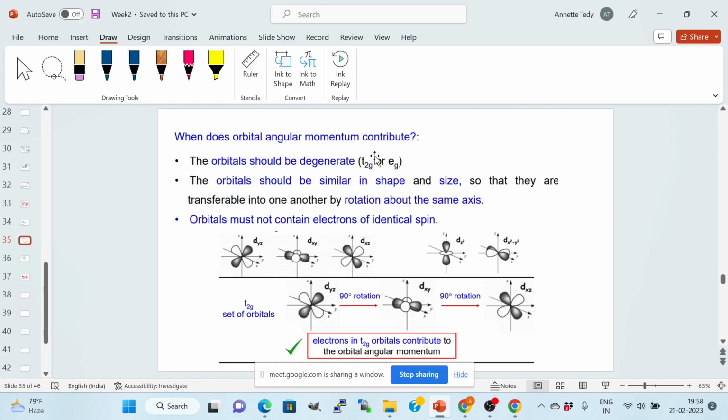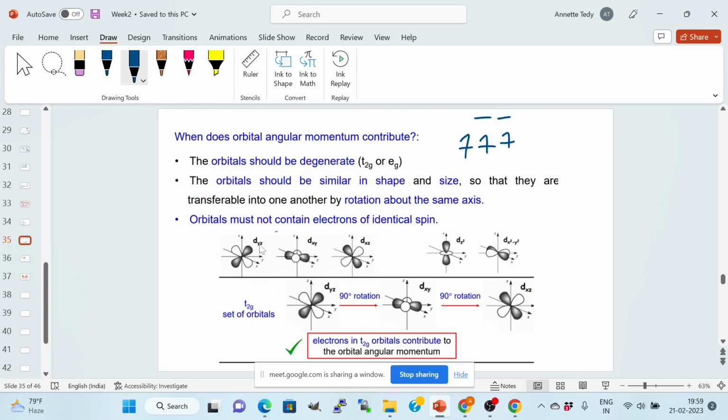Whenever the orbitals are degenerate, like we have T2g and Eg, right? So whenever we have a T2g or Eg set, in that case we have to consider, if the electrons are present here, and the orbitals should be similar in shape and size, so that they are transferable into one another by rotation about the same axis. This I have shown in the picture.